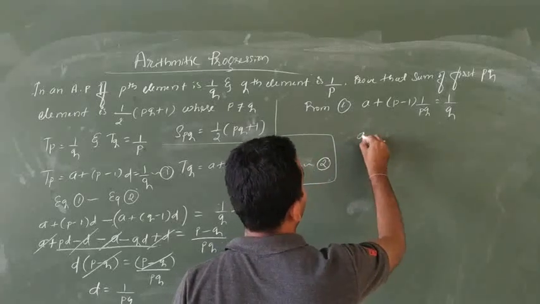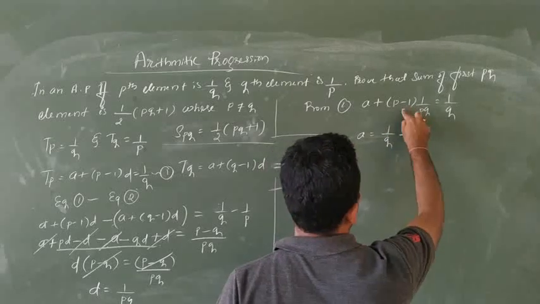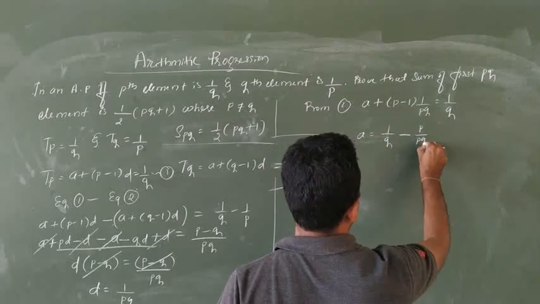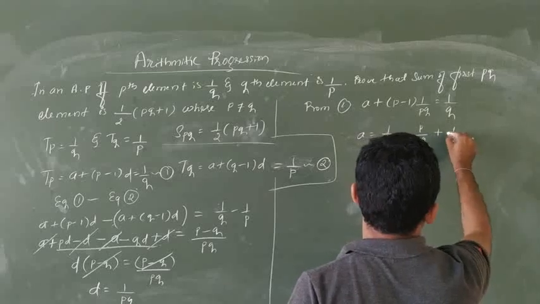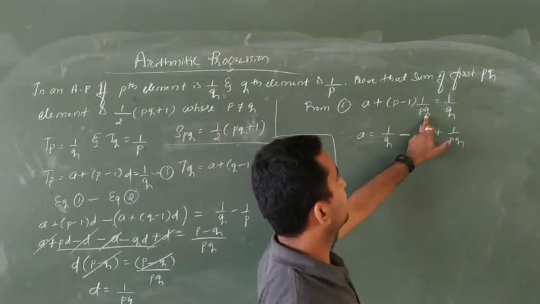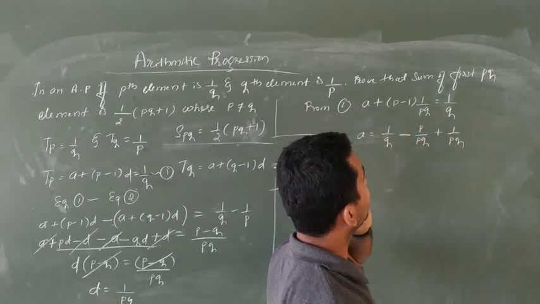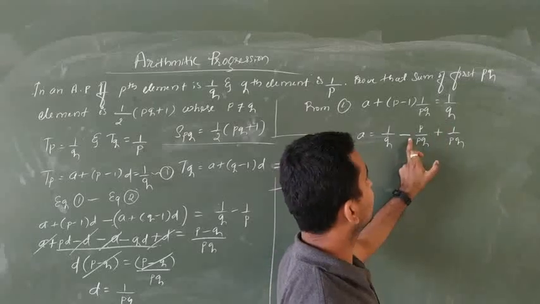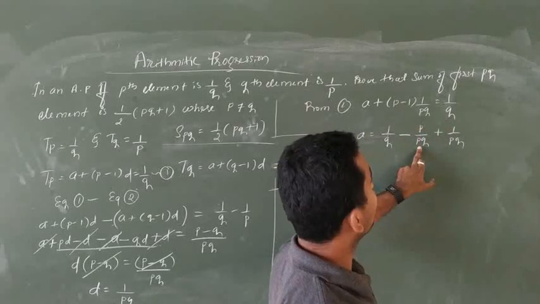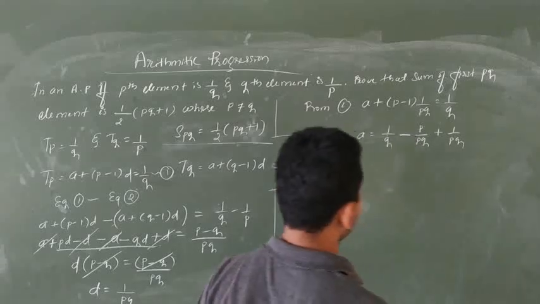Or else I will do it here only, that is A, then I will take this one to 1 by Q minus P divided by PQ, then plus 1 divided by PQ. Just what I did, I multiplied this PQ inside the bracket, that is P divided by PQ and 1 divided by PQ. Then P divided by PQ, if I take to the RHS, then it is minus, and 1 divided by PQ also goes to the RHS.